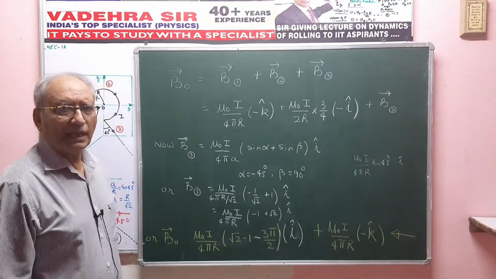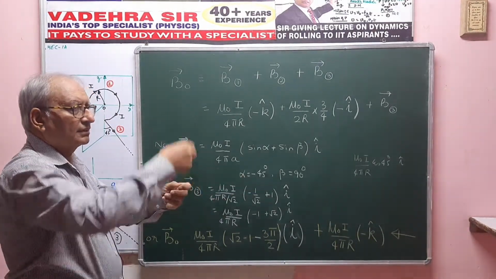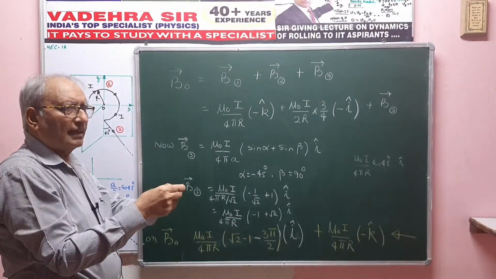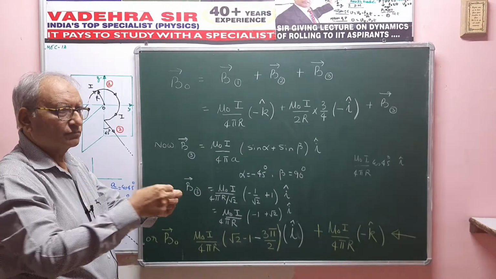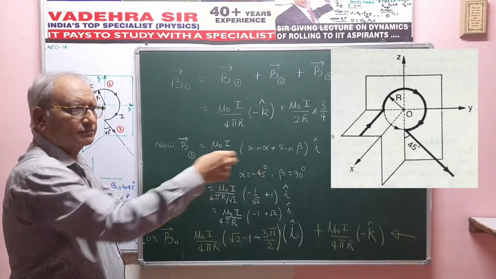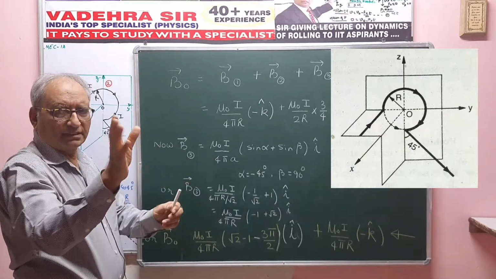This time I am taking this to be y, this to be z, and towards you is x. So x, y horizontal plane, and this z, right-handed coordinates.